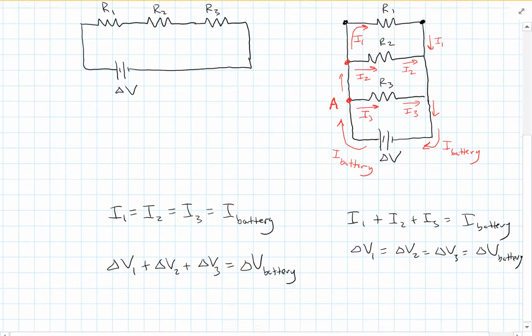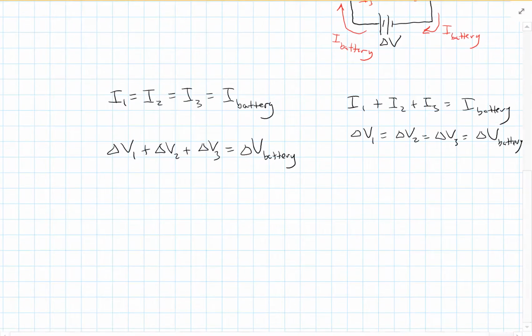And we can work this out and figure out that our equivalent resistor, if we wanted to draw one resistor that was equivalent to these three in series, and it had hooked up to the same battery, would flow the same current, we would just add up the resistors.